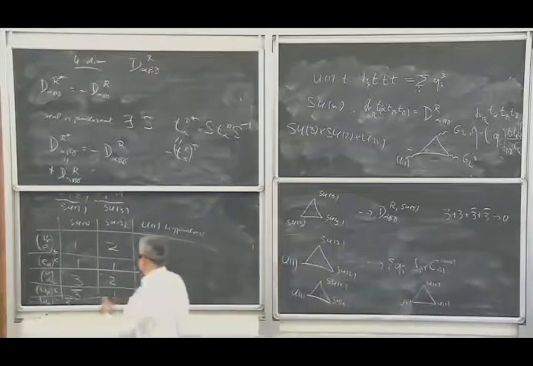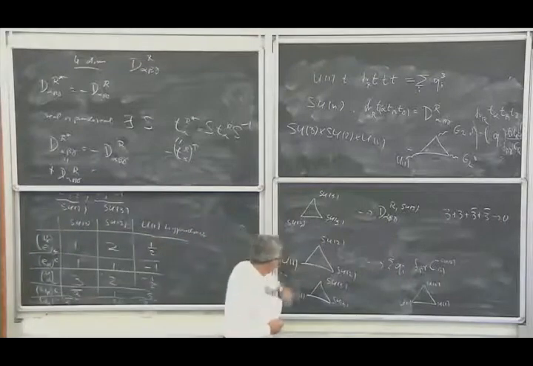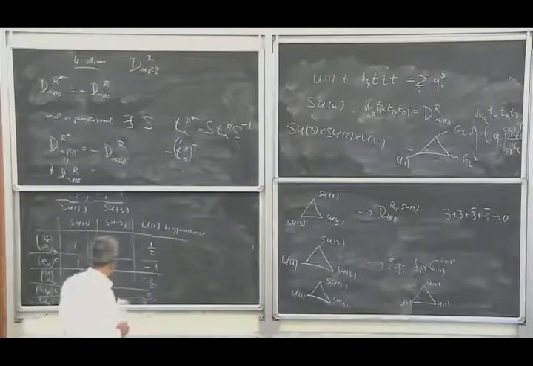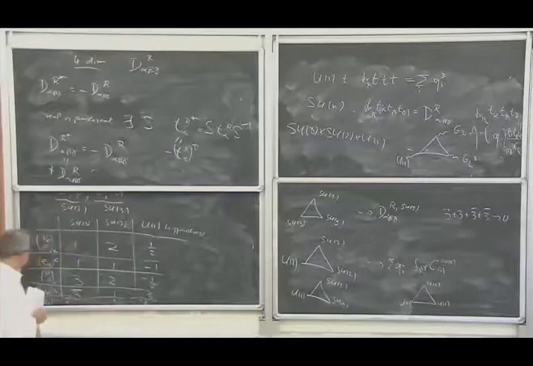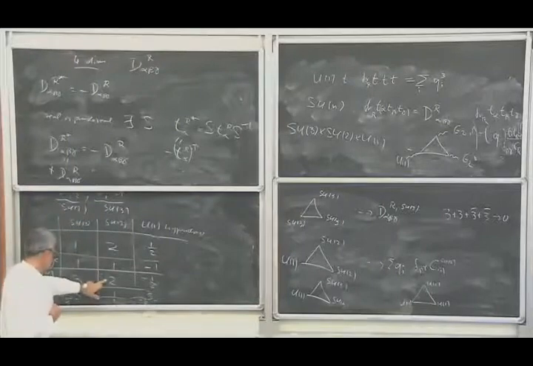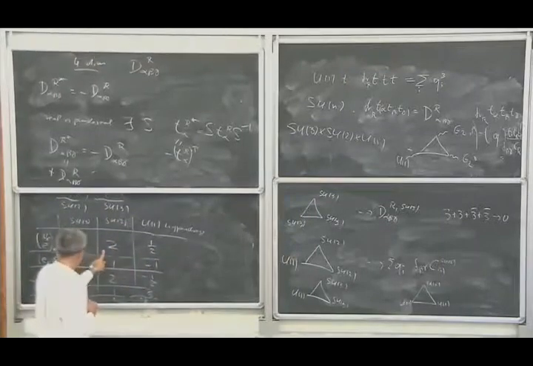And the others contribute. So for example, for the U1, SU2, SU2, we need to go through the list. We multiply the U1 charges times the coefficient; only the SU2 doublets contribute. So let's see, we have this one and we have this one. So we get a half times the coefficient for the 2 representation.